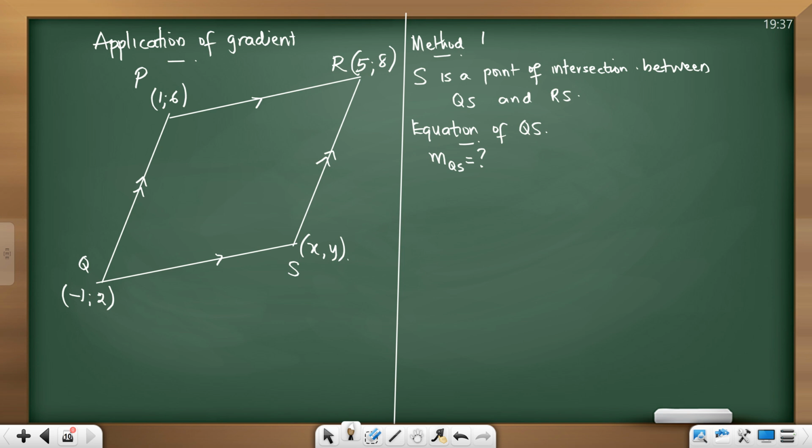Oh, sweet. You're so smart. Thank you. So, because QS is parallel to PR, we can say that the gradient of QS is the same.